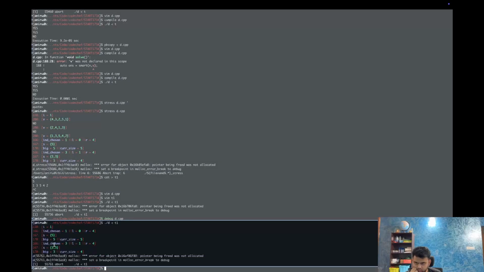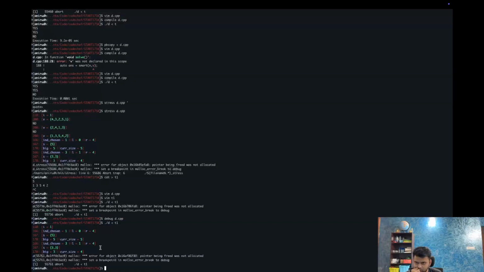Biggest 3, cur size is 4 and it's not there. Why? So 1 to 3 is 3 and 3 to 4 is 4 minus 3 is what? 1, 2. Five. What's the dist?